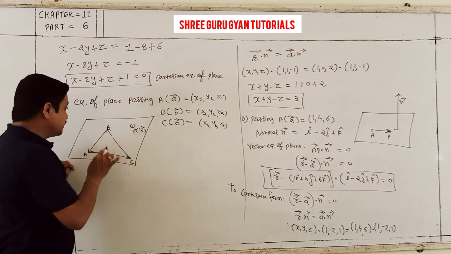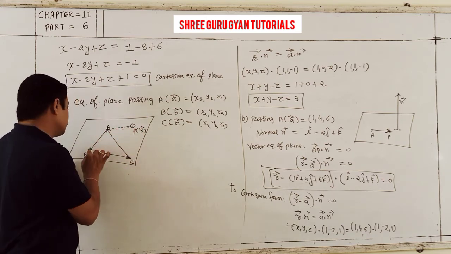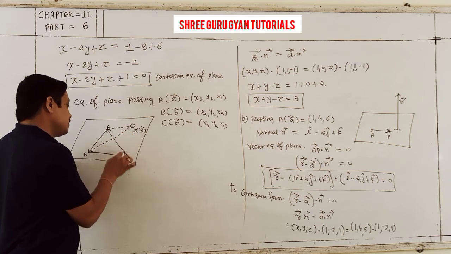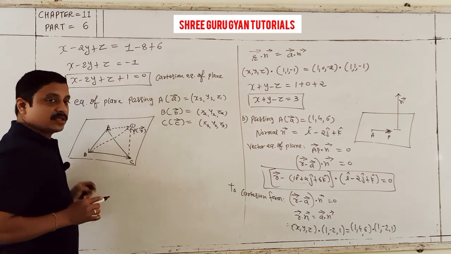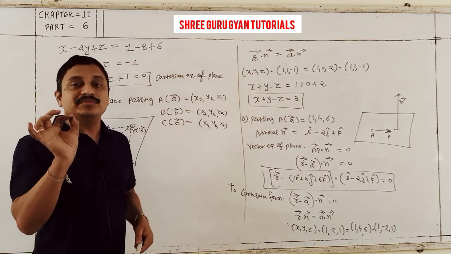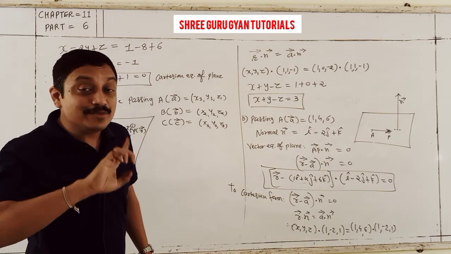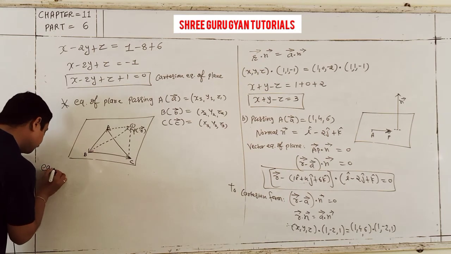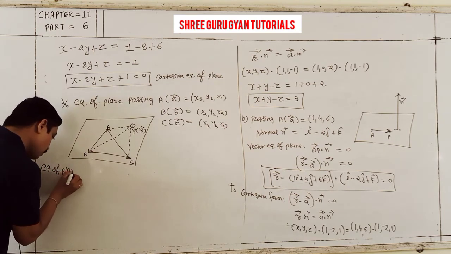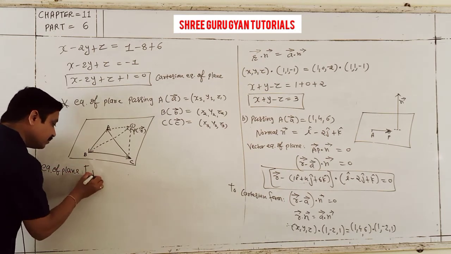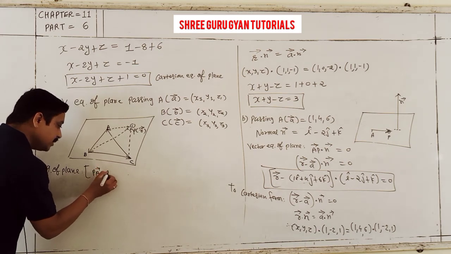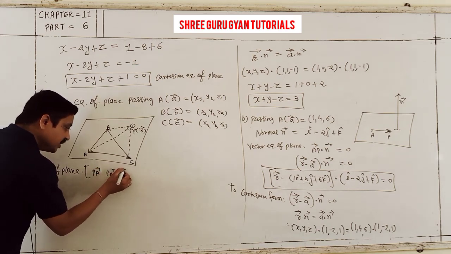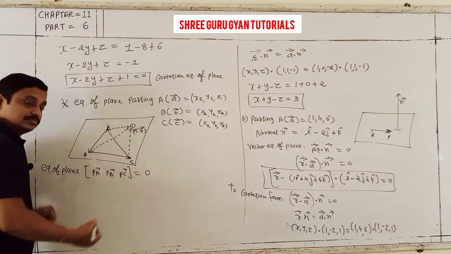So you will show that A to P, B to P, and C to P make one plane, when ABC are non-collinear. So equation of plane in this vector form: P to A directions, P to B directions, P to C directions is equal to 0.